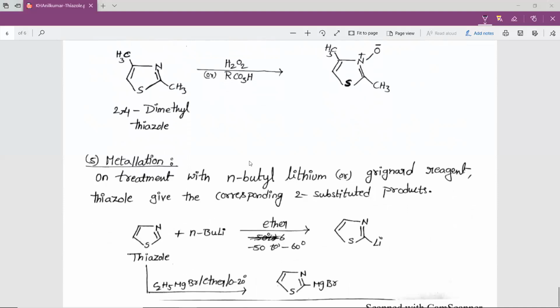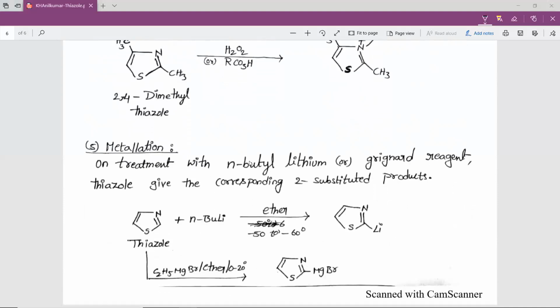So metallation. On treatment with n-butyl lithium or a Grignard reagent, thiazole gives the corresponding 2-substituted product. So we get 2-lithiothiazole.